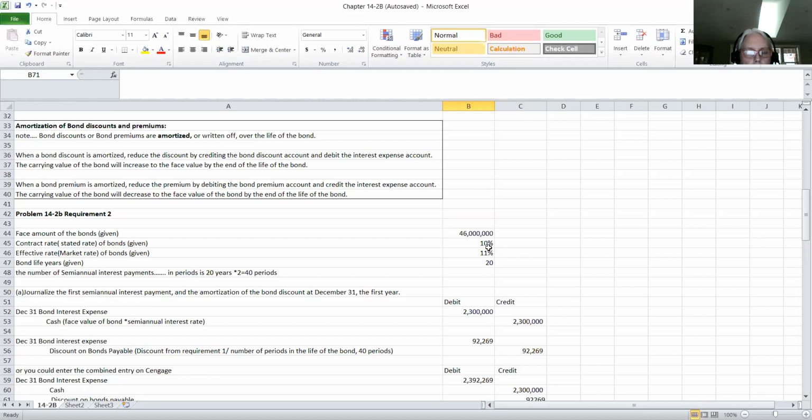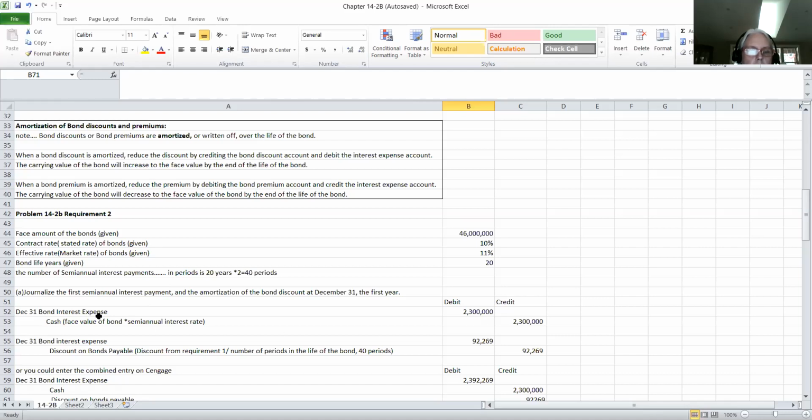Remember, we pay interest semi-annually, and in the issue, it's stated as an annual rate. So we have to divide this interest rate by 2 to get 5%. So if you multiply 5% times 46 million, that's how we get the amount of $2,300,000.